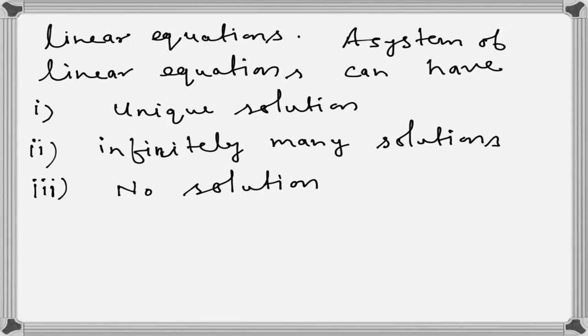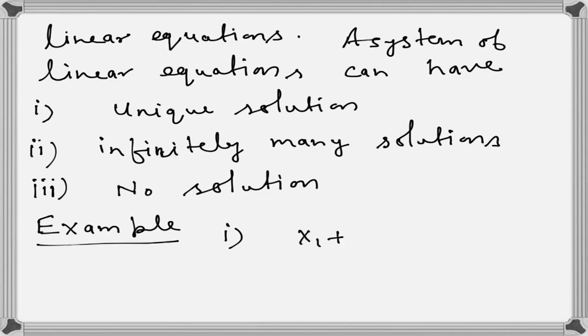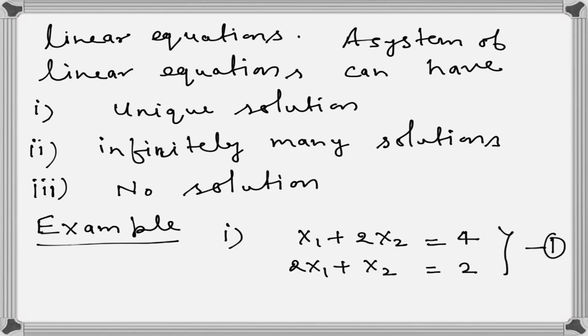Okay, so let's see some examples. Consider a system of two equations in two unknowns given by x1 + 2x2 = 4, 2x1 + x2 = 2. So this is the system of equations.